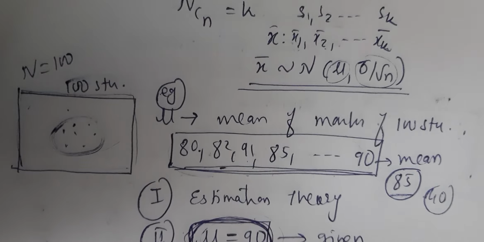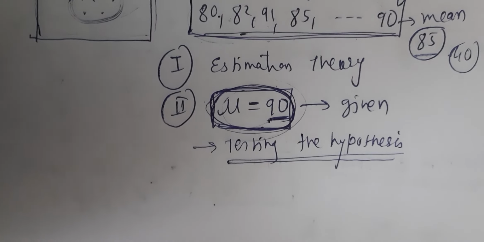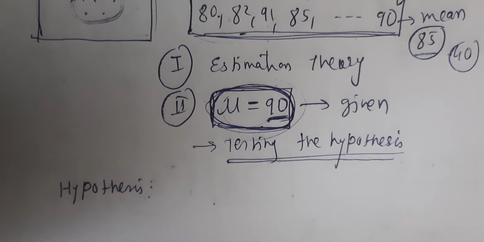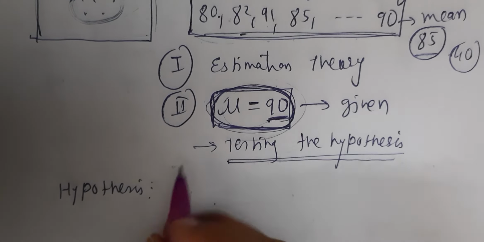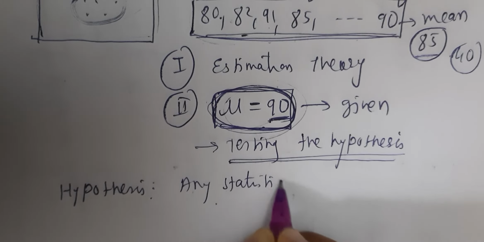How to use this result, we will see in the next video, but before that we again need some terms. So I will define a few terms, and my first term is hypothesis. Just now I told you hypothesis means any statistical statement.